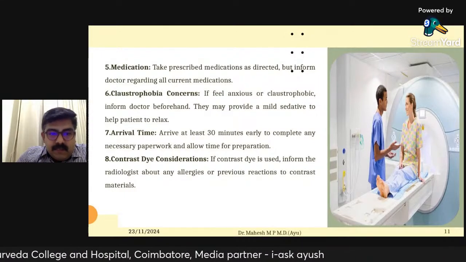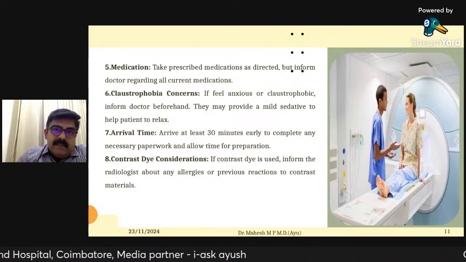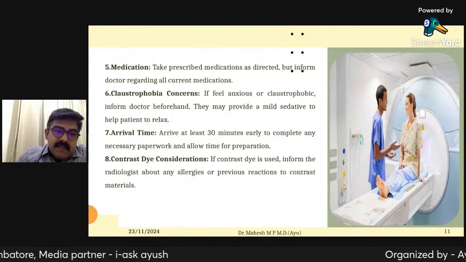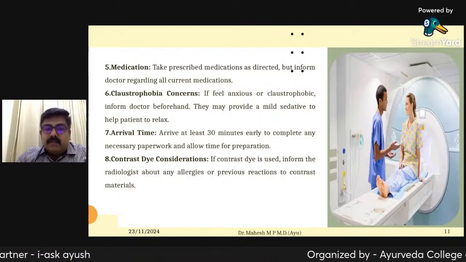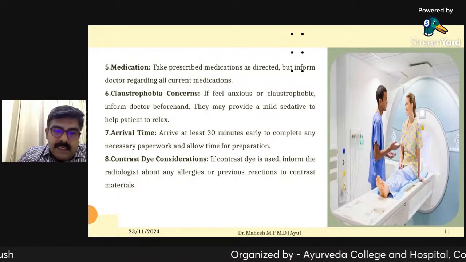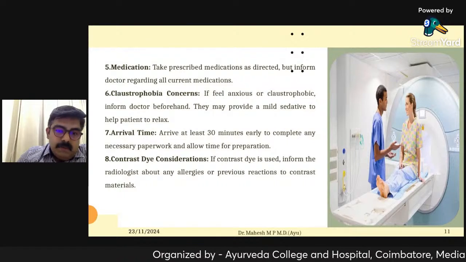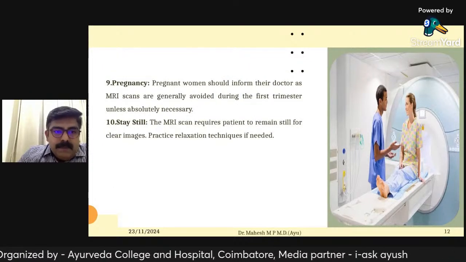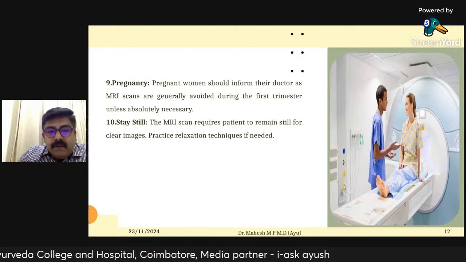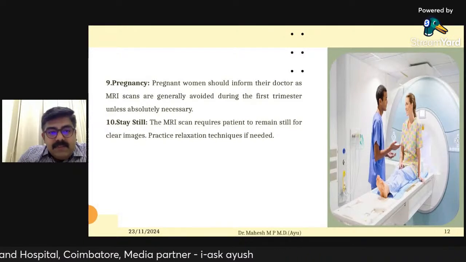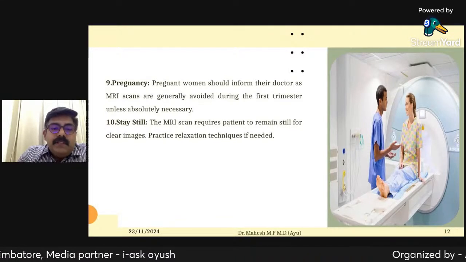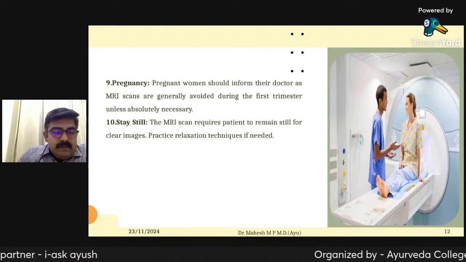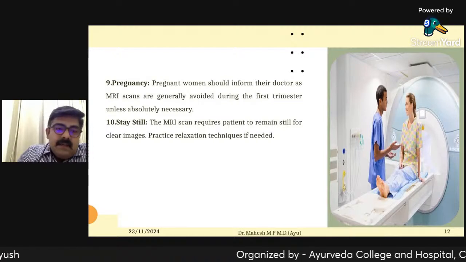Inform the radiologist about any allergy encountered in previous experiences; it has to be informed beforehand. And regarding pregnancy, the pregnant woman should inform the doctor, as MRI scans are generally avoided during the first trimester unless absolutely necessary, as we have discussed.